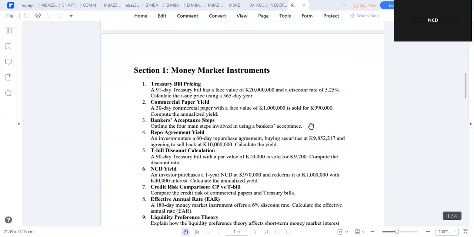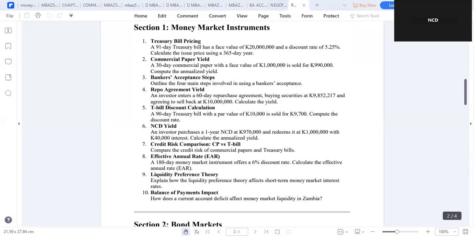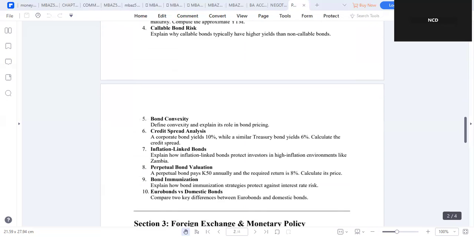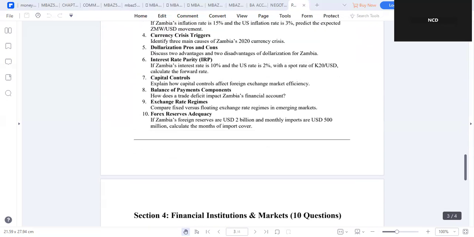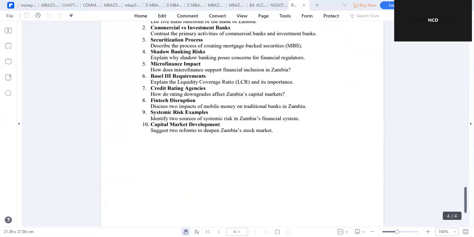Question number 1, outline the 4 steps involved in banker's acceptance. What are the 4 steps? These are exam type questions. I've just rearranged them based on the specific order.